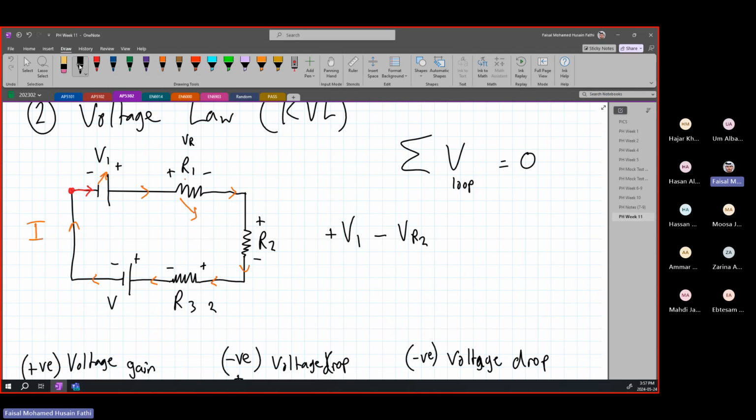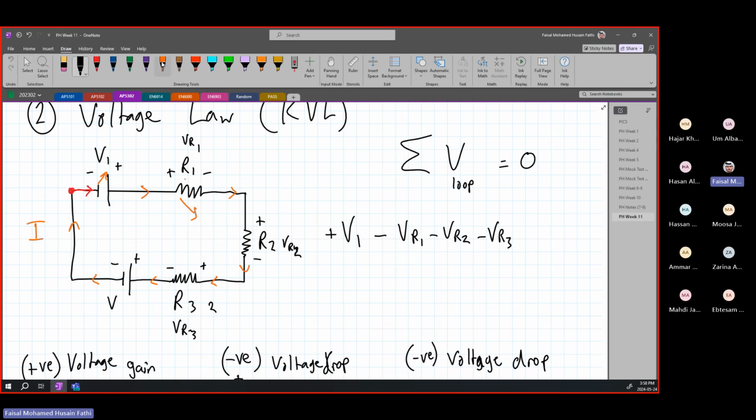My bad, we're starting with R1 here. All right. Same thing for R2. When we're looking at the current, it is now flowing like this. So it is going to be a drop. So minus VR2. Okay. Same thing for R3. This is VR3, so minus VR3. When it goes through the resistor, it's always going to be a drop. It's always going to be negative.